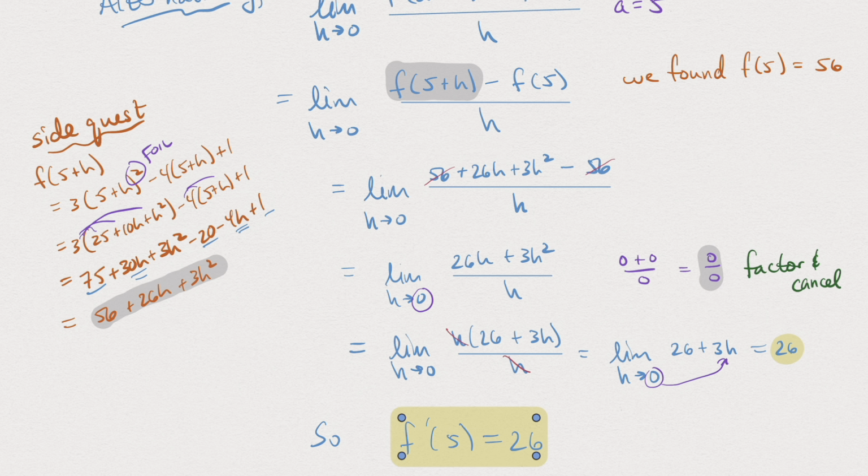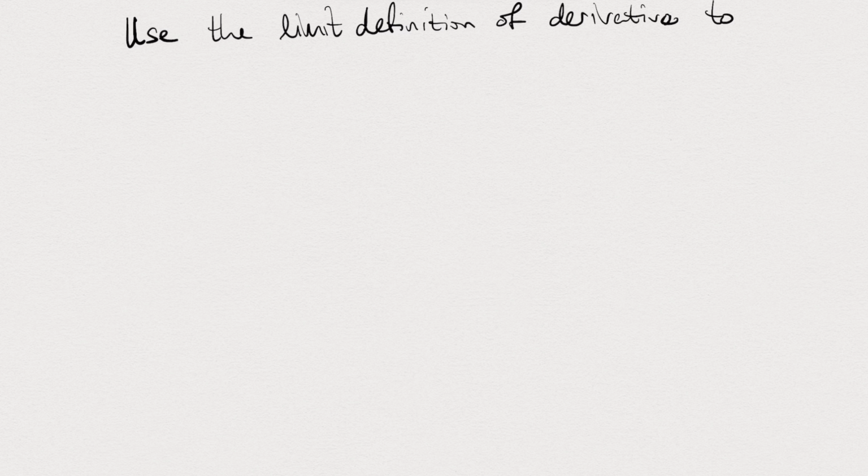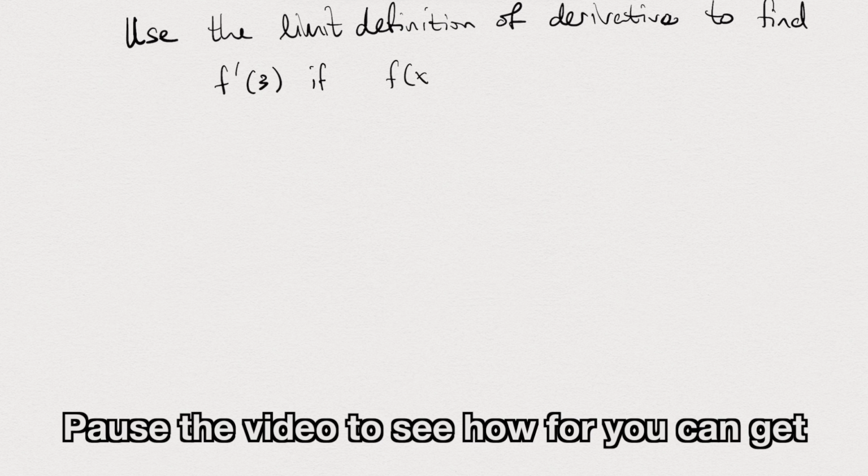26. All right, we'll use the limit definition of derivative to find f prime of 3 if f of x is equal to 1 over x plus 3.